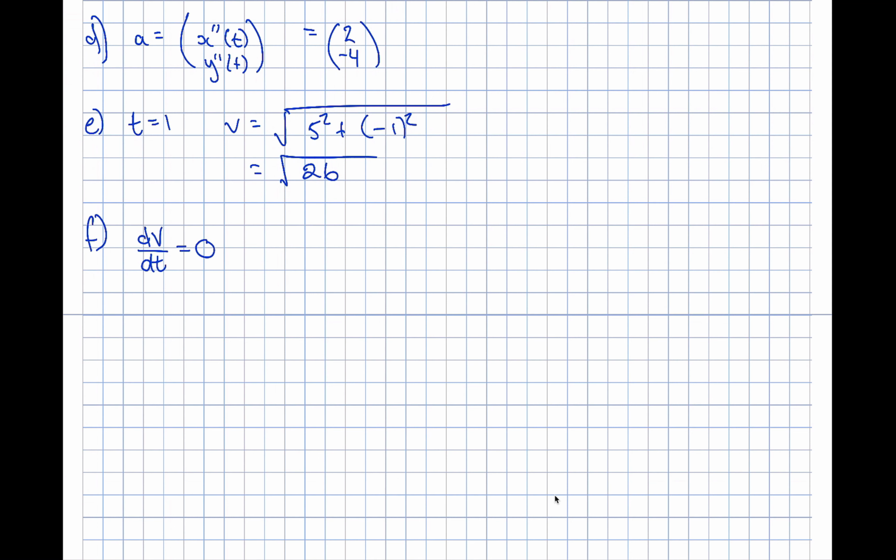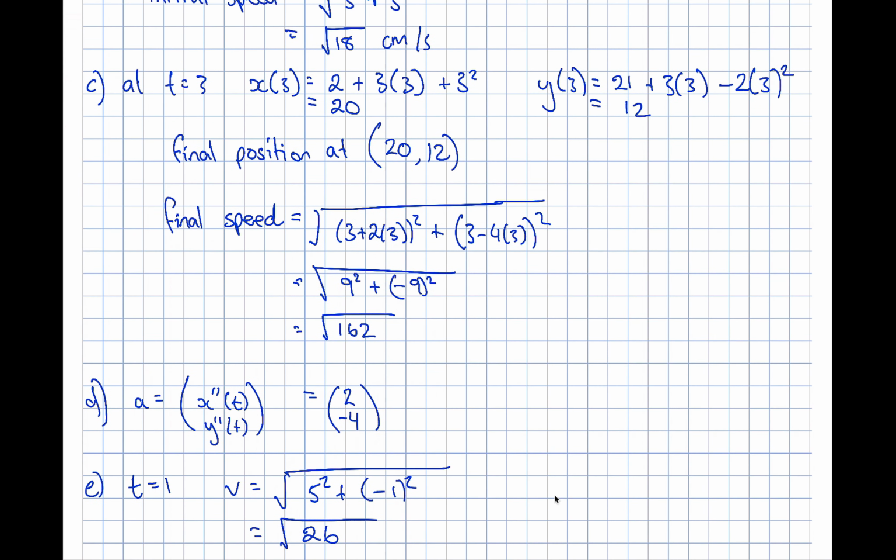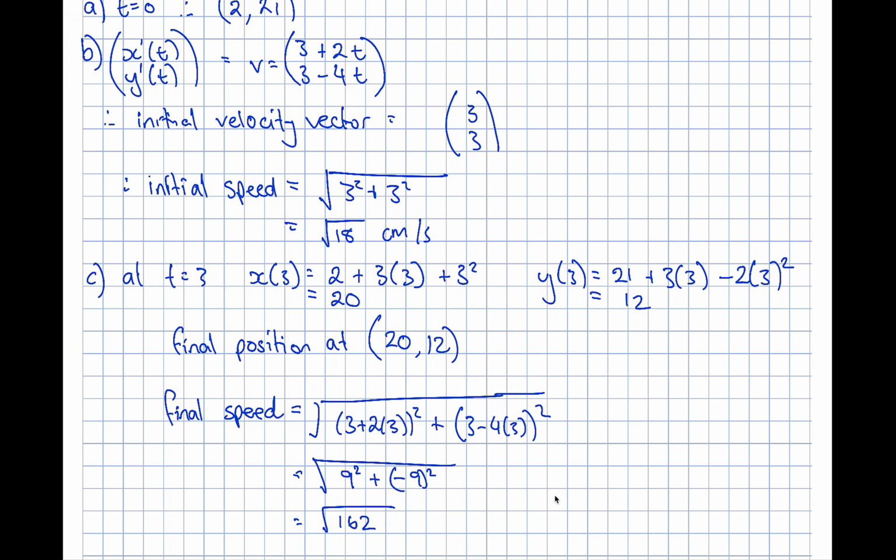So we've got to be able to write the velocity and then work out what its derivative is with respect to time. So our velocity is going to be equal to, remember, the square root of this component, which is, reminding myself, 3 plus 2t squared plus, it's 3 take 4t, wasn't it? Yeah.